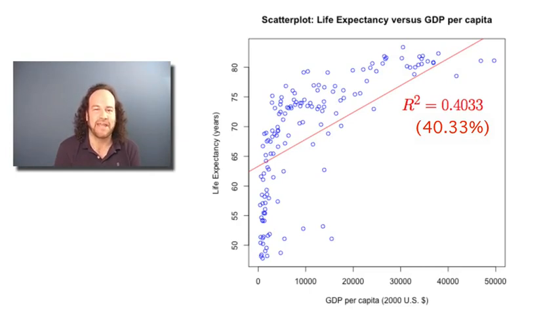Now, it still doesn't explain everything because the R squared isn't 1, it's only equal to about 0.4, but it explains a fair bit. We also notice that the relationship still doesn't look linear, as we said before, so once again, there's more to the story, and we'll come back to it again. But for now, we can see that R squared gives us some measure of how much of the variability is explained by the linear relationship.